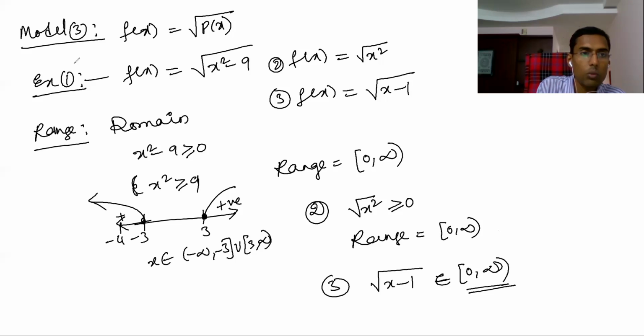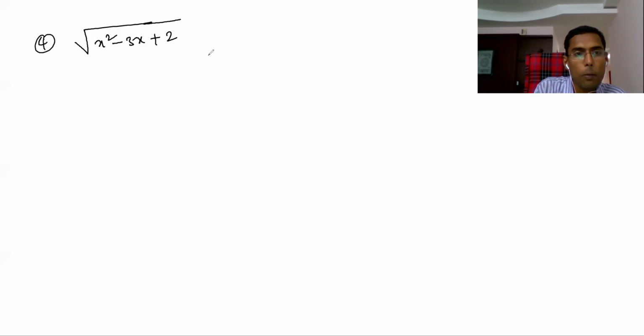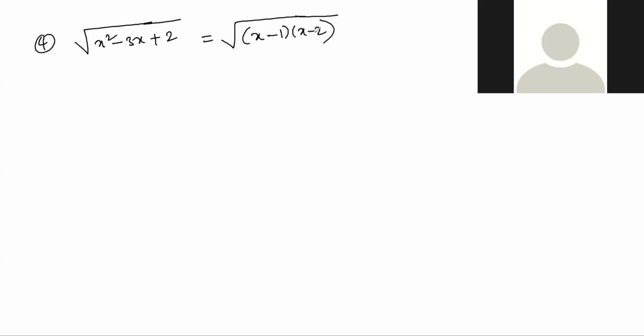And of course I will give more. So let's say under root of x square minus 3x plus 2. What is the range of this? This can be written as x minus 1 into x minus 2.